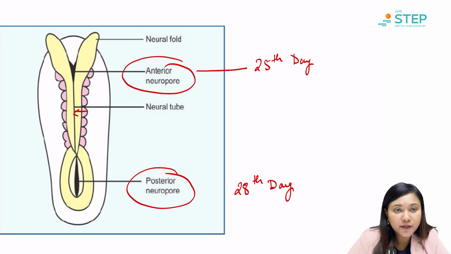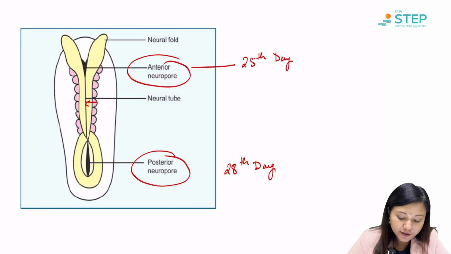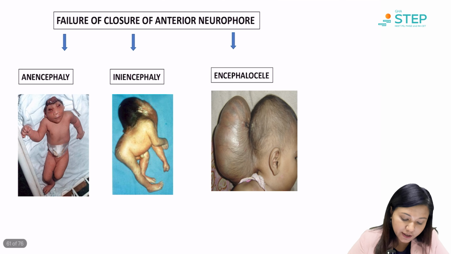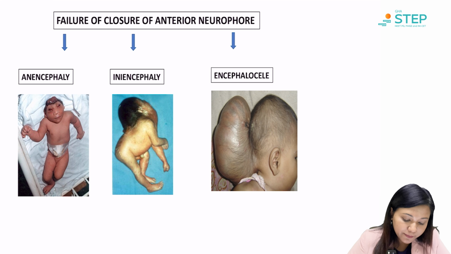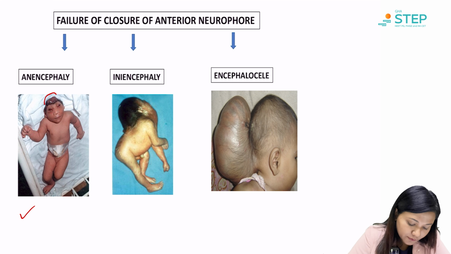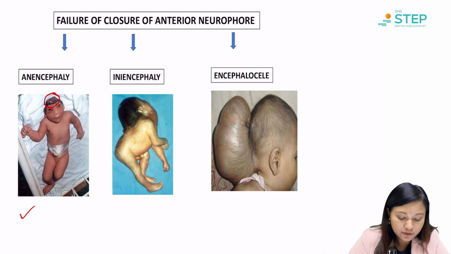Now what will happen if there is non-closure of the anterior and posterior neuropore? You will have conditions known as neural tube defects. Now what will happen if there is failure of closure of your anterior neuropore? You will have a condition that is anencephaly, where the brain and the skull bones are not developed properly and the brain is exposed outside.